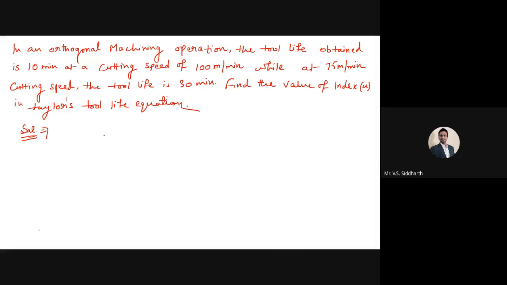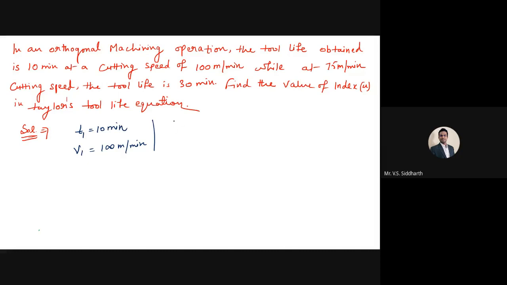So what is the data given? First, write the data. In an orthogonal machining operation, tool life obtained was 10 minutes. So the first tool life was 10 minutes. Cutting speed V1 equals 100 meters per minute.